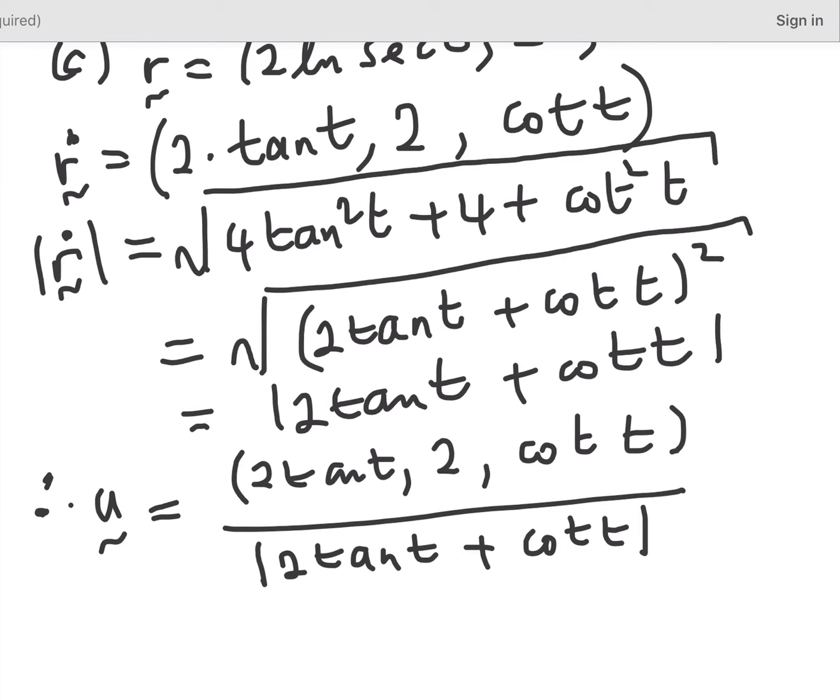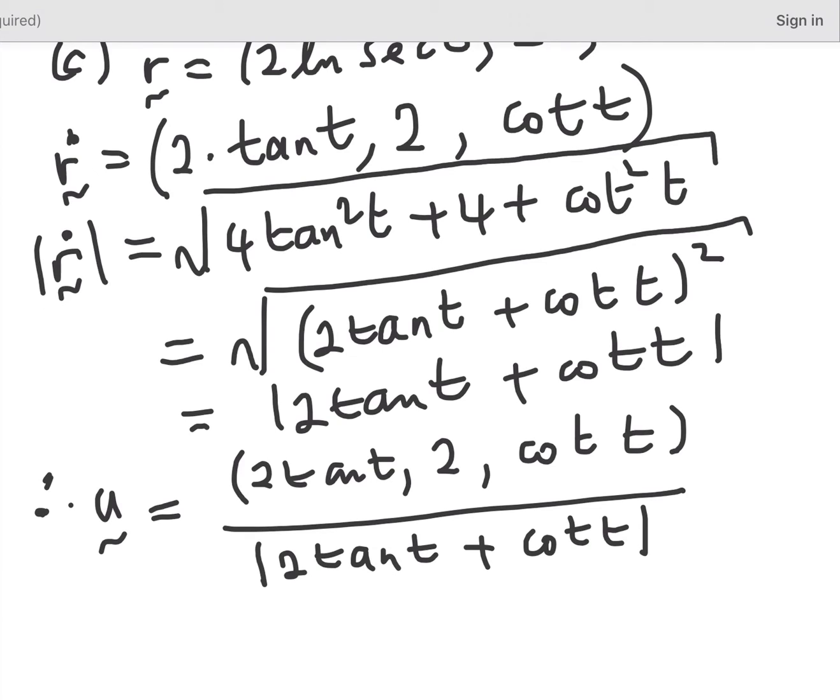You could, if you want, write the tangent and cotangent respectively as sine over cos, and the cotangent as cos over sine, and simplify all of that. Want to very easily show that. I'm not going to do the calculation here. I'll just state the result.